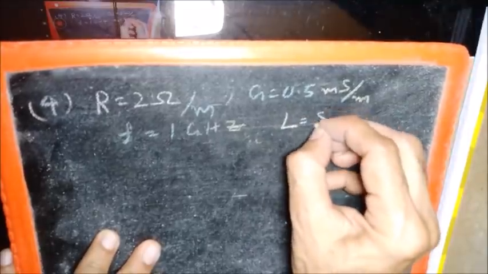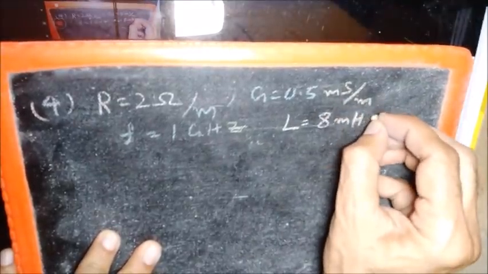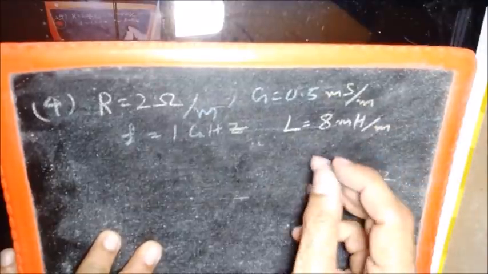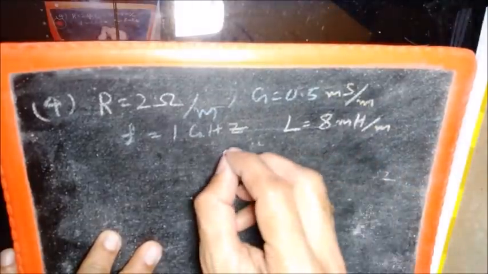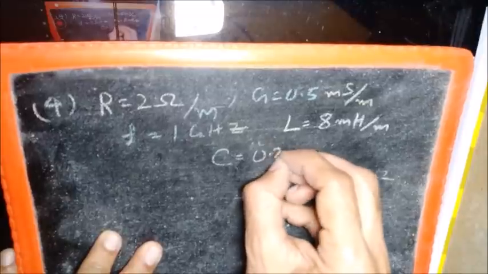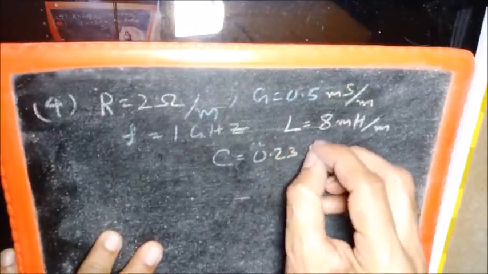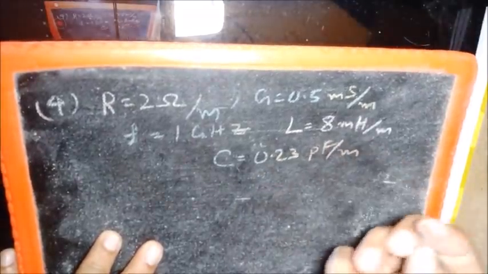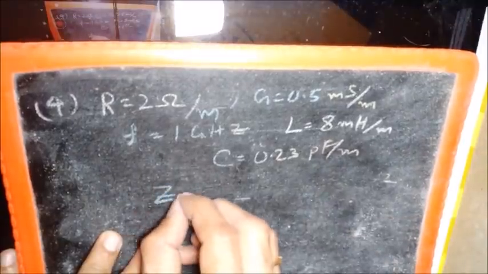L is equal to 8 millihenry per meter, and C is equal to 0.23 picofarad per meter. You have to find out the characteristic impedance.